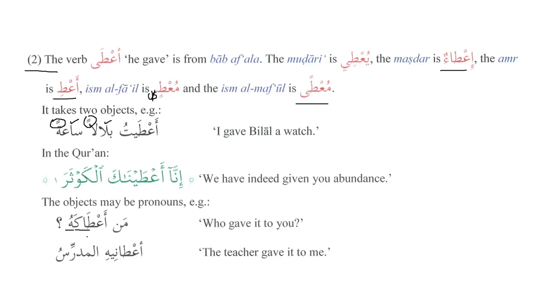So man a'takahu, who gave it to you. So it's not necessary that we always have a noun. We can also have the pronoun used as object number 1, and as object number 2. And he says, أعطانيه المدرس. The teacher gave it to me. So أعطاني is object number 1, and hu is object number 2.